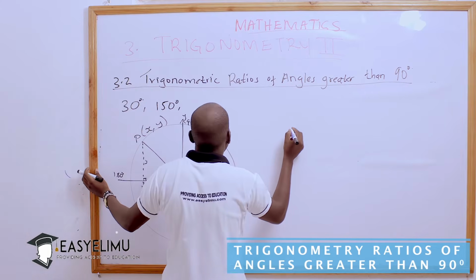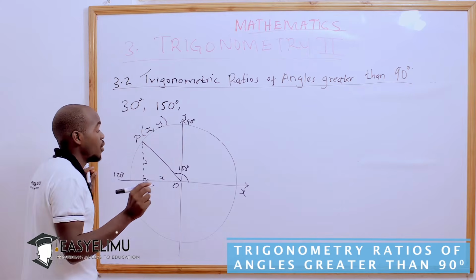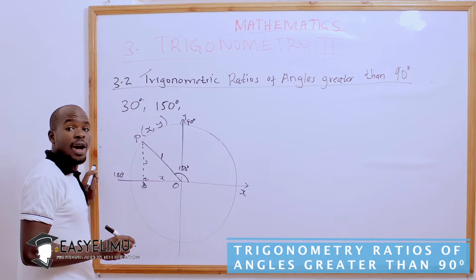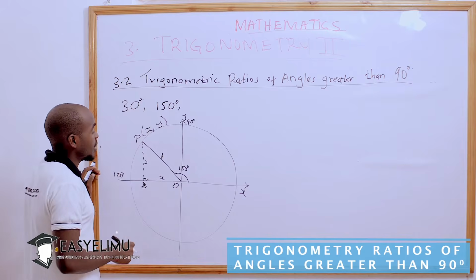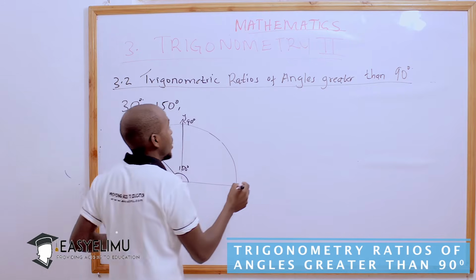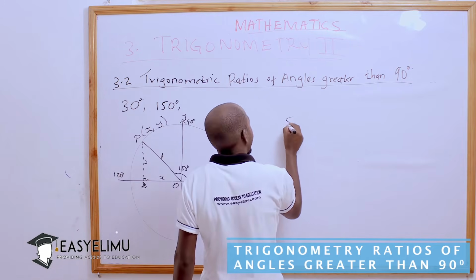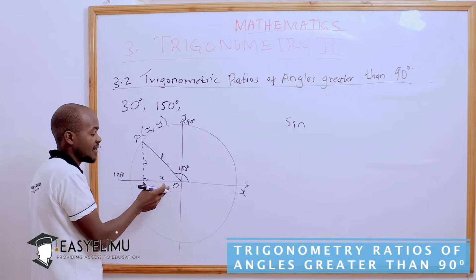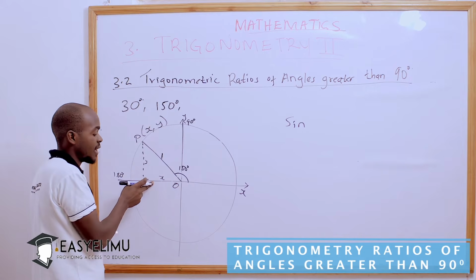Because it's a unit circle, the radius is 1, so that is our hypotenuse, and from that perspective, you will find the sine of the angle 150 degrees.